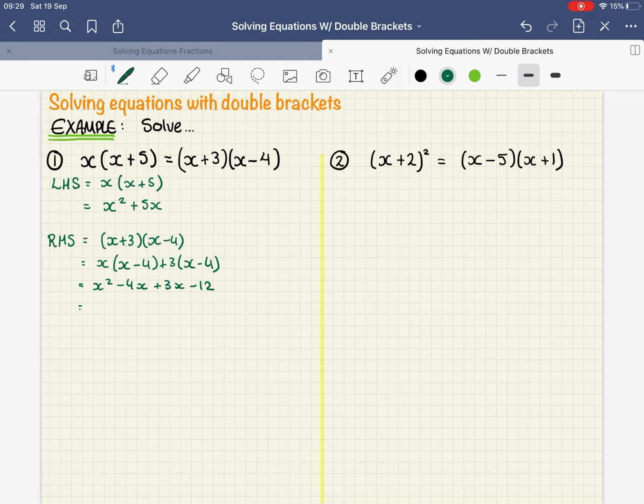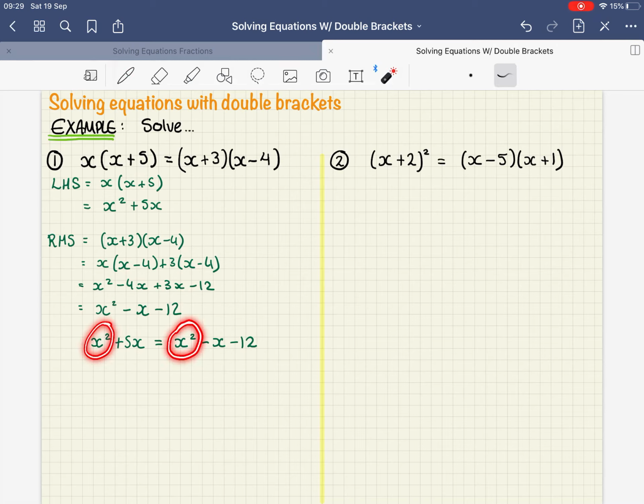Following through, collecting my like terms, we now have x squared minus x minus 12. So now I can put them back equal together. So I've got my left-hand side equals my right-hand side. The first thing I want to look at is the fact that I've got an x squared on both sides.